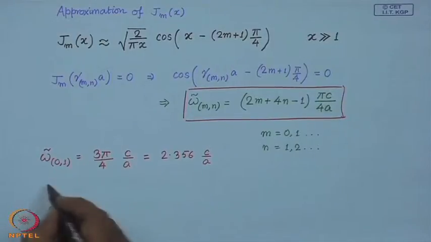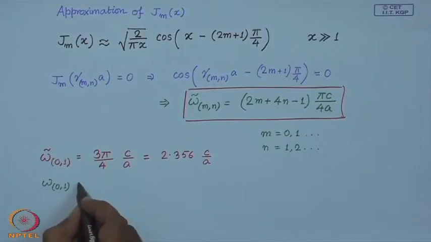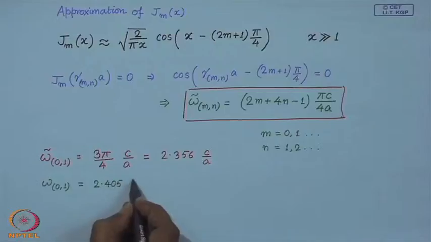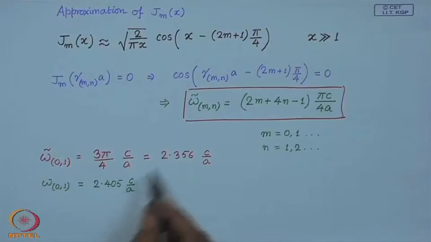This turns out to be 2.405 c over a. So, you can see they are quite close.